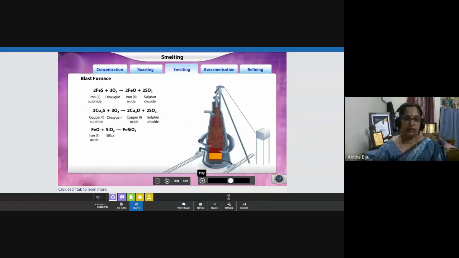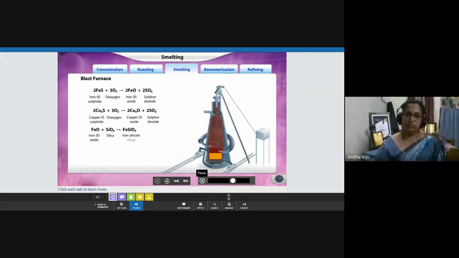It is the slag. Ferrous silicate. The name of the slag is ferrous silicate. Iron oxide is a basic impurity, SiO2 is acidic flux, and FeSiO3 is slag. And it gets converted to form iron silicate.